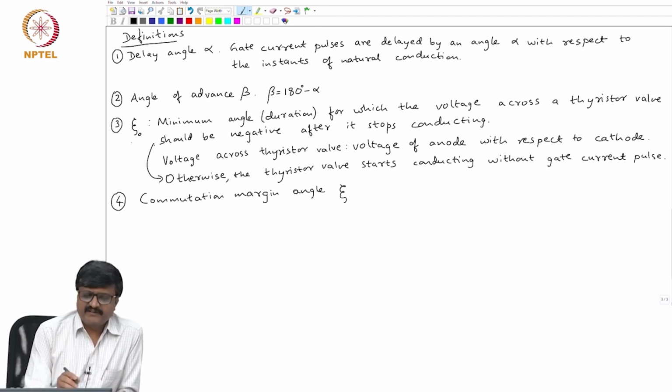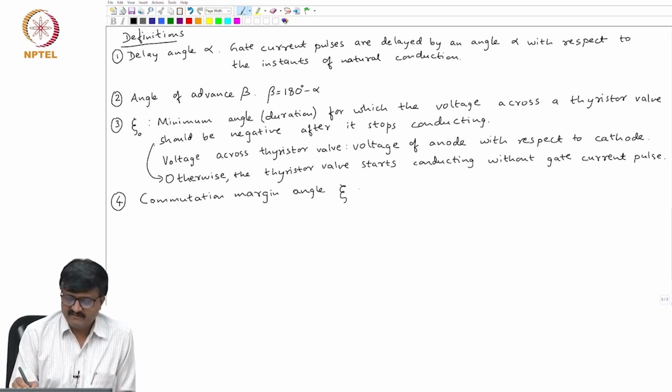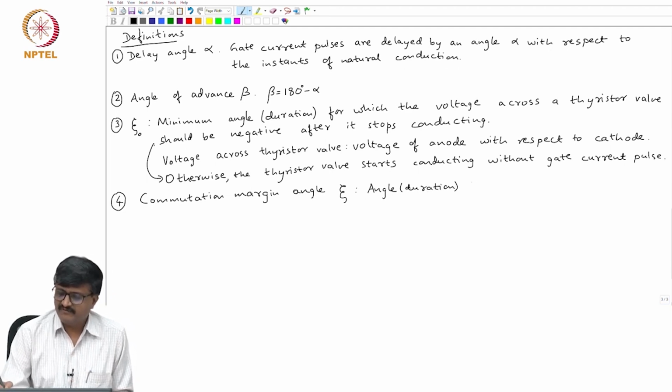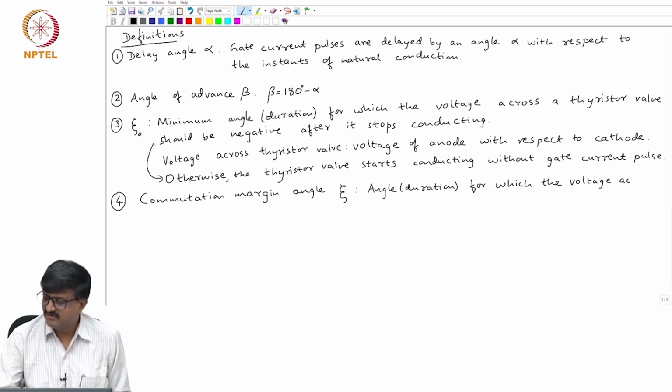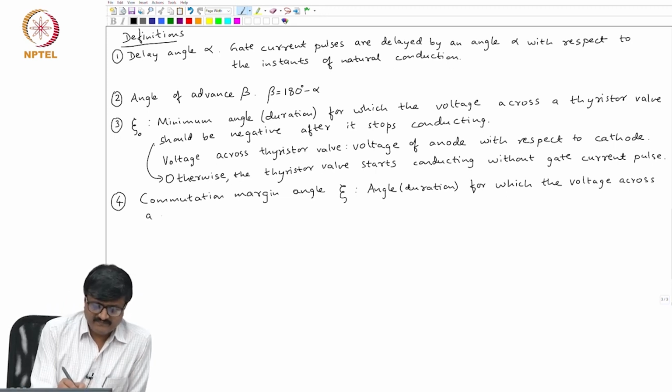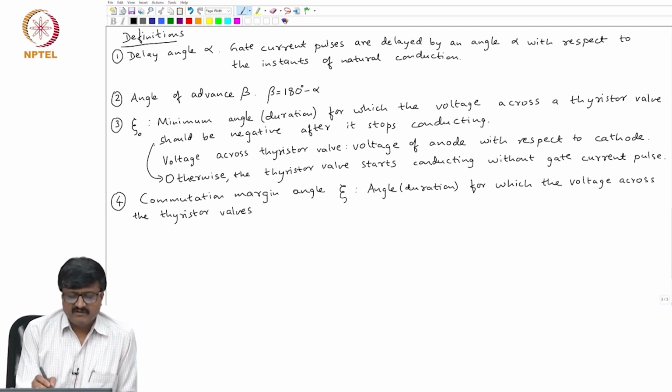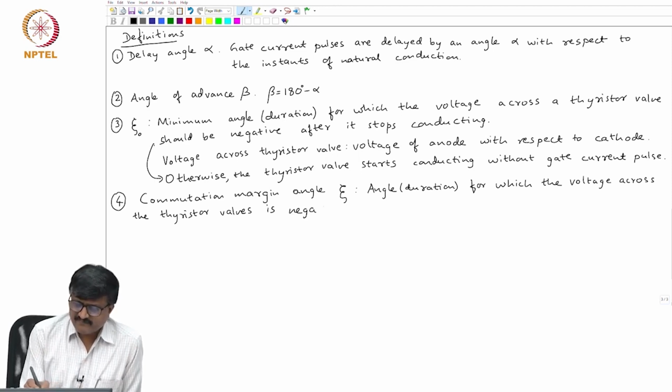The definition of commutation margin angle is the angle, or if in terms of time, duration, for which the voltage across the thyristor valve is negative after it stops conducting.